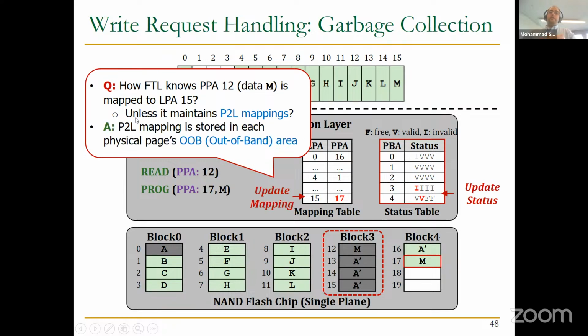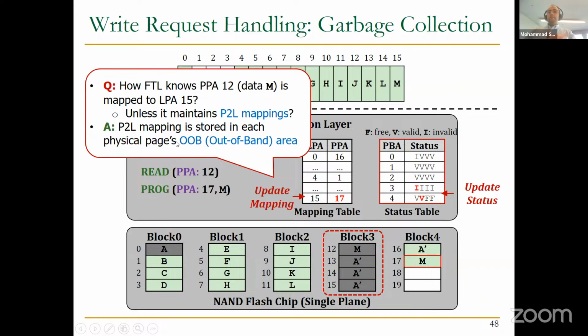The thing is that physical to logical mapping is stored in each physical page's out-of-band area. As we discussed in the past, if the pages are 4 kilobytes, the actual space in that page is larger than 4 kilobytes, and we have some space to store metadata, like this physical to logical mapping data, as well as ECC and some other stuff.